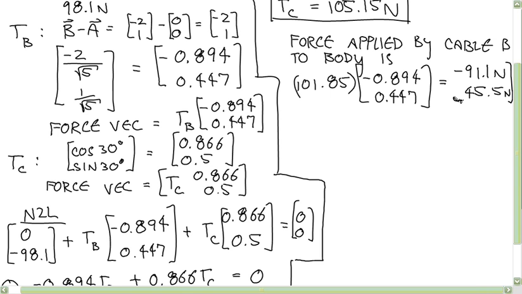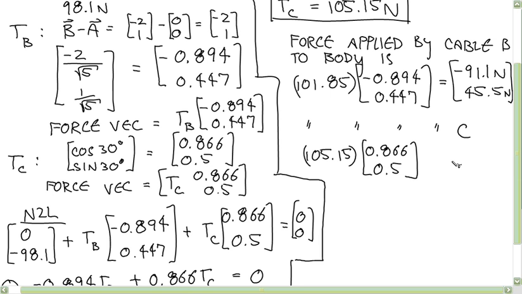Okay. So that's the force vector applied by that cable, and then the force applied by cable C is 105.15 times the unit vector 0.866, 0.5. And what do you get there? 91.1. Oh, really?